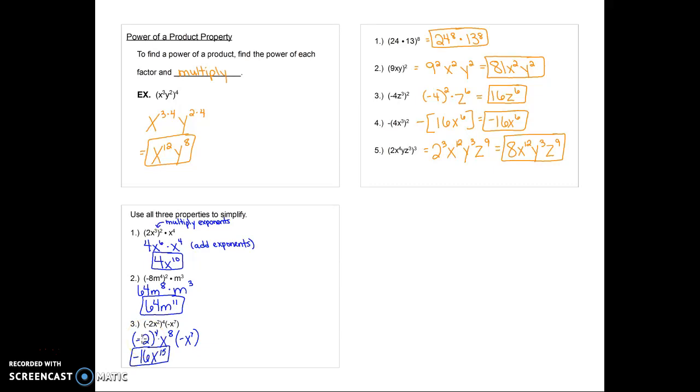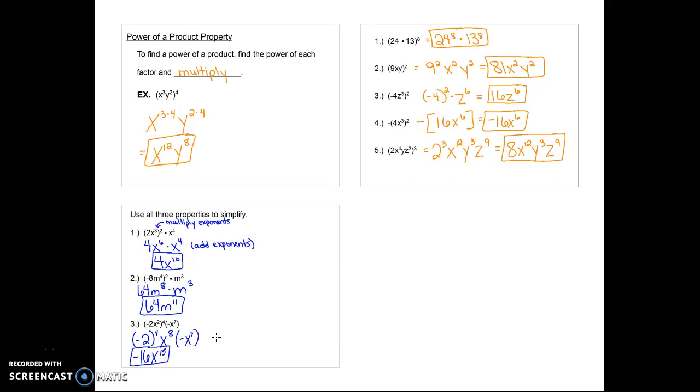I'm multiplying it times itself 4 times. It's going to give me a -16. Then these bases are technically the same. That negative doesn't change the fact that the base is an x. So I can add my exponents together. 8 plus 7 is going to give me 15. So you have -16x to the 15th power.